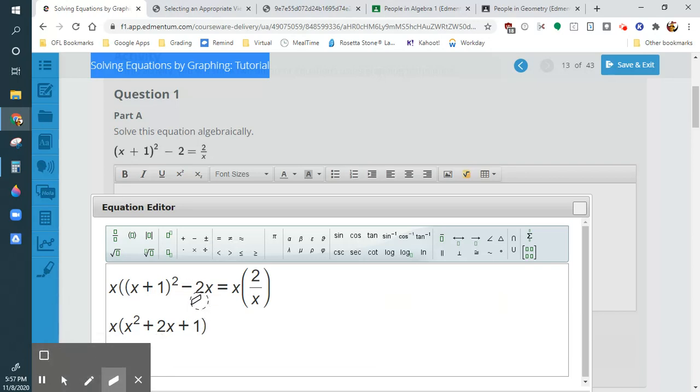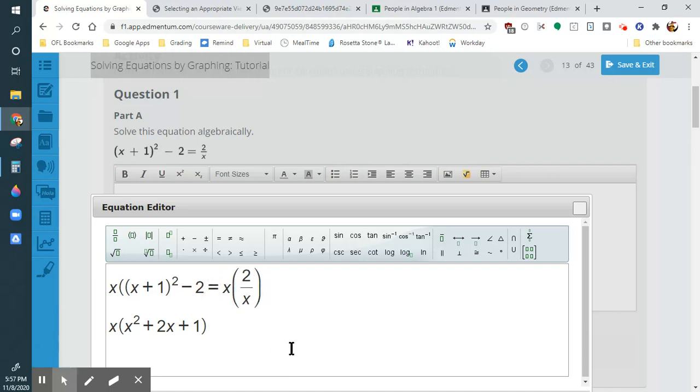Oh, I wasn't supposed to have that there. And all of this is going to be minus 2x. So I distributed this x to this part, and I expanded this. So I'm kind of doing two steps at once. And then this is just equal to 2.